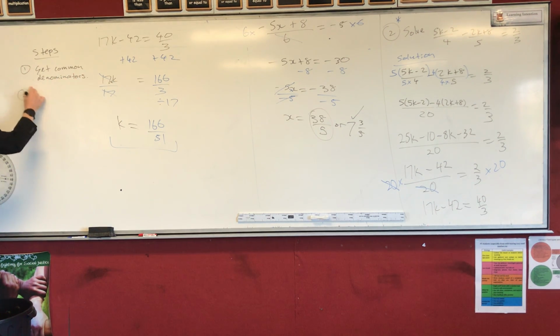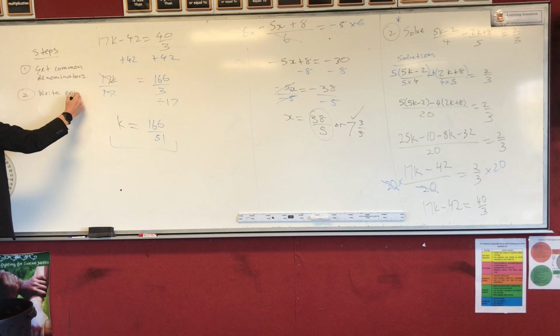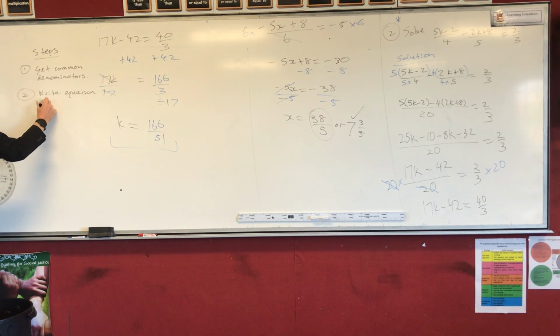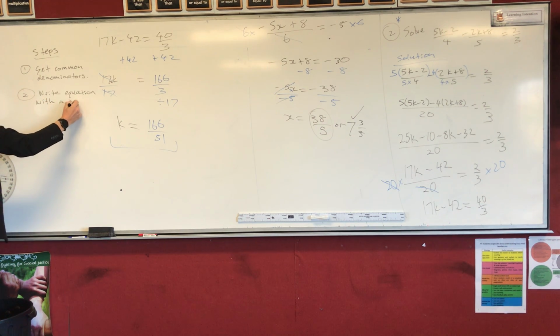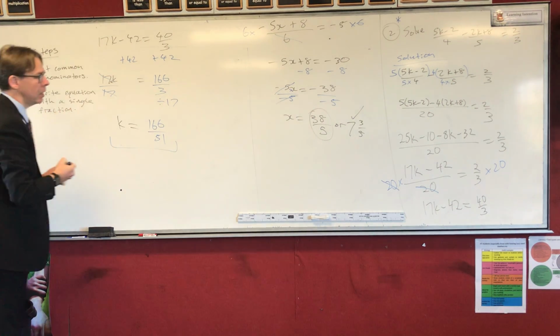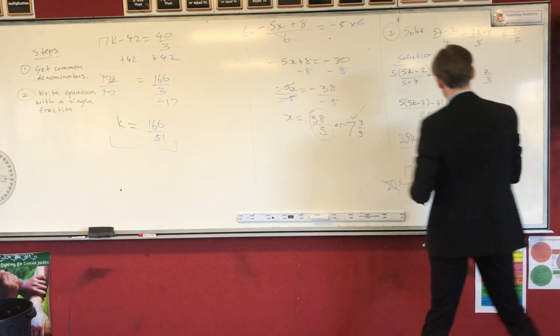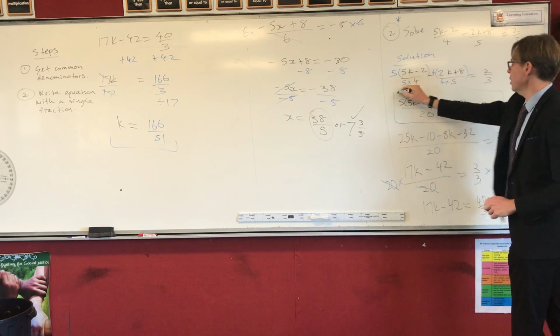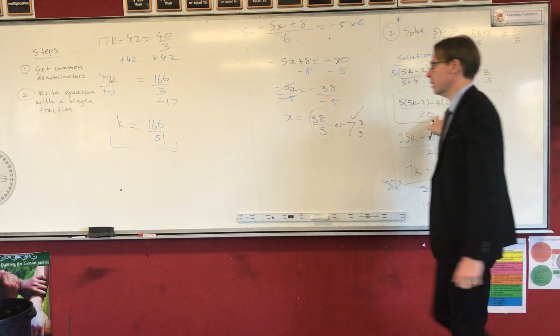Okay. Next step was to write the equation as a single fraction. Okay. So that's this step here. I'm writing the equation as a single fraction with a single denominator.